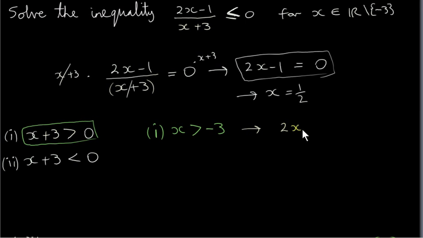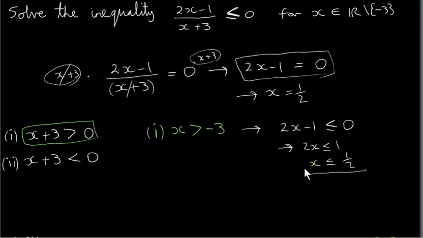So we get 2x minus 1 less than or equal to 0. When you multiply both sides by a positive quantity, it won't affect the direction of the inequality, so the less than or equal to symbol will remain. I can solve this inequality to get 2x less than or equal to 1, which means that x will be less than or equal to a half.